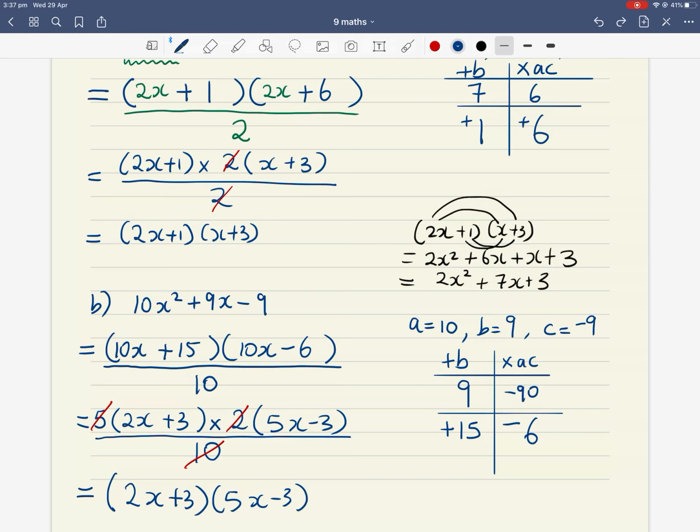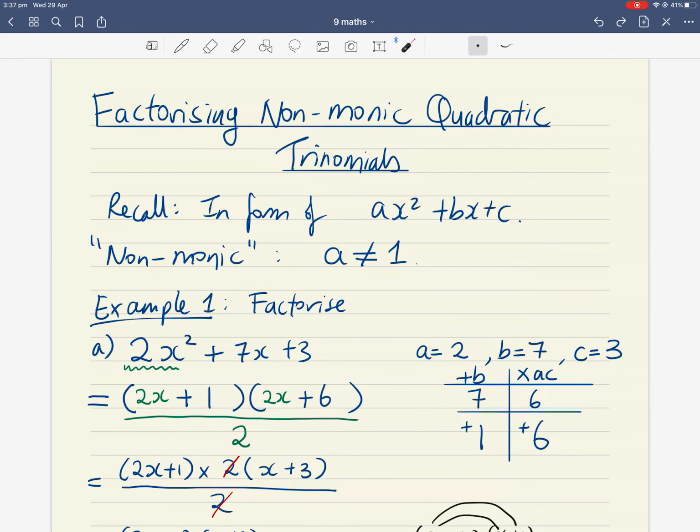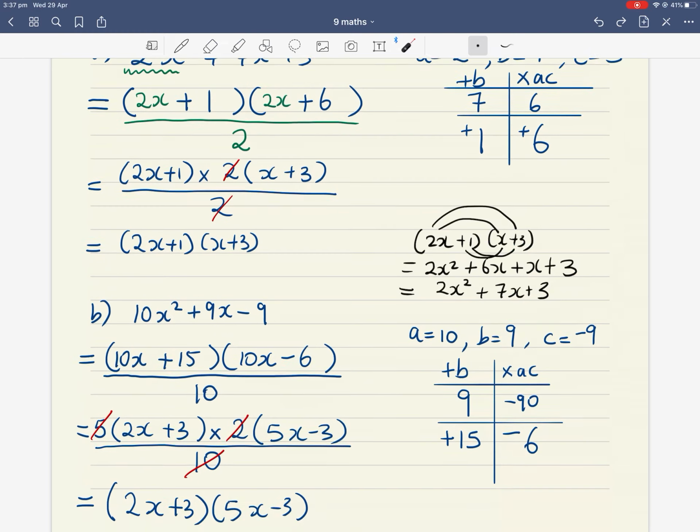So that's check for us. We've got the positive 9x. And then lastly, do we have a minus 9 or negative 9? Well, a positive 3 times negative 3 gives me a negative 9, because a positive times negative is negative. So by expanding our brackets, we get what we started off with, so we know we factorized correctly.